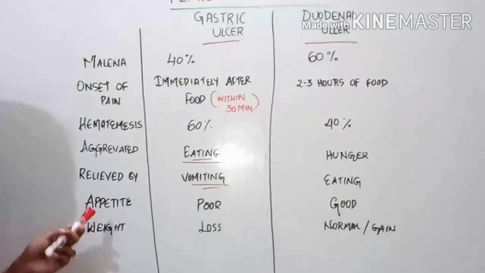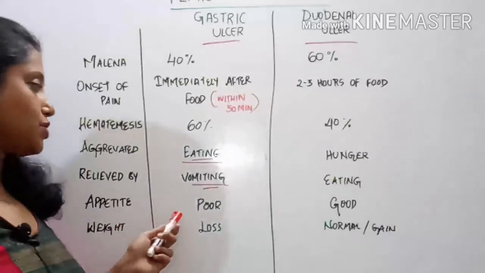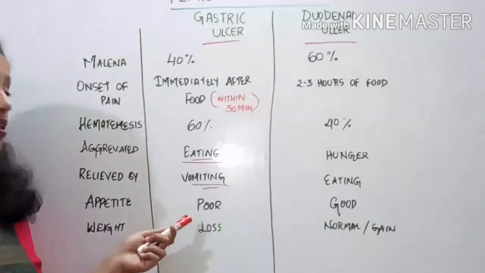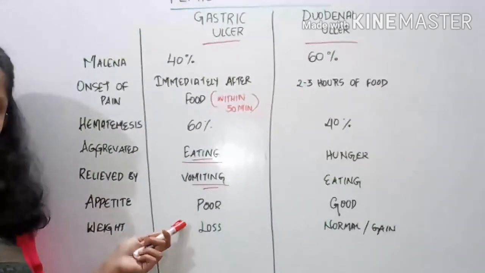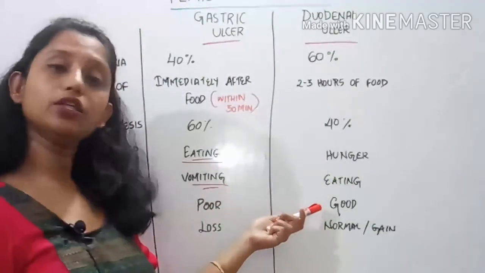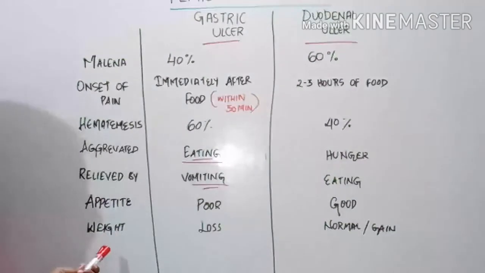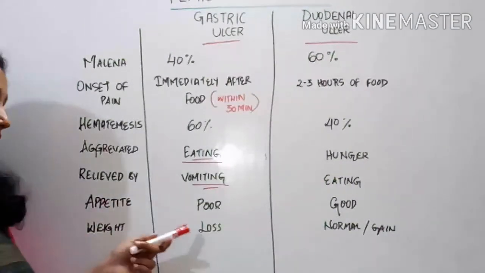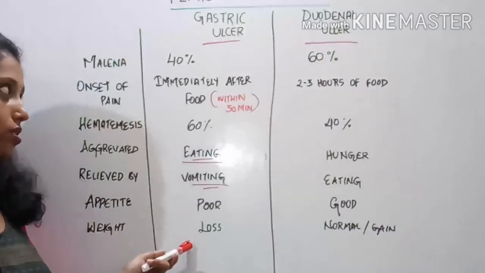Next is appetite. The appetite of the patient, specifically of a gastric ulcer, will usually be poor. I already explained the reason for that. And in case of duodenal ulcer, it will be good. And regarding weight, in gastric ulcer, weight is usually lost.